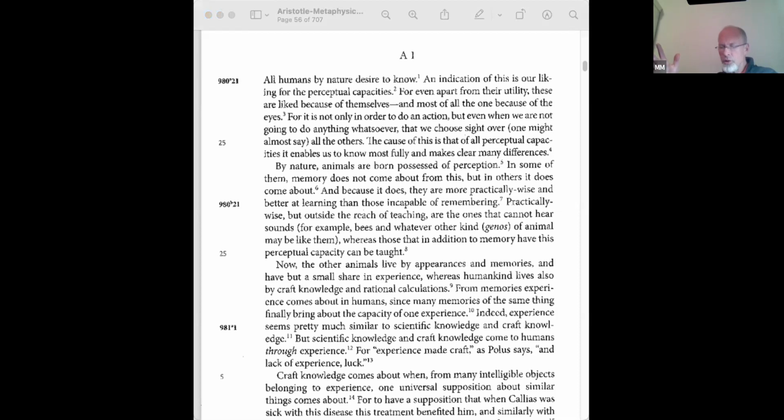And it's only through repeated exposure to appearances and memory, and a distillation process through many memories and many appearances, of them being about, he says, one thing. But of course, it's many things that are each of them one thing. And once we're able to determine what the one thing is, we now have experience.